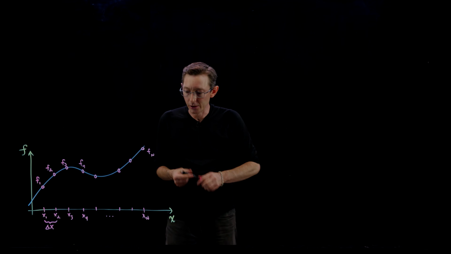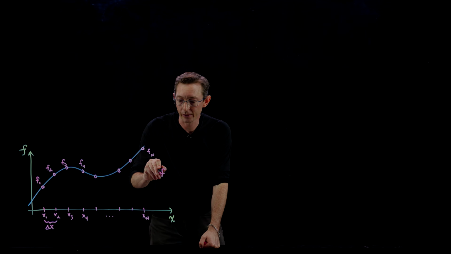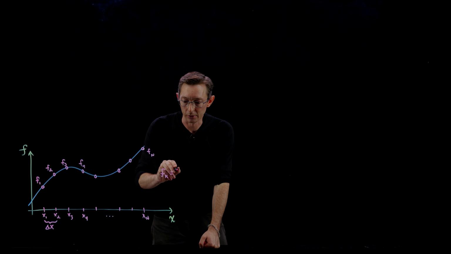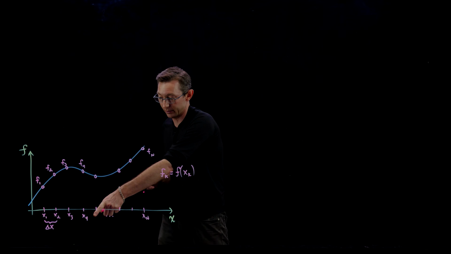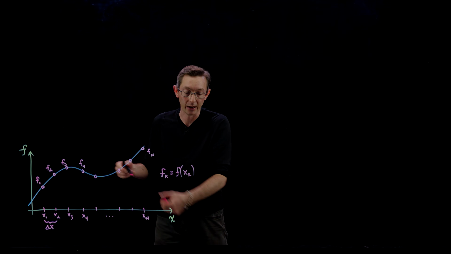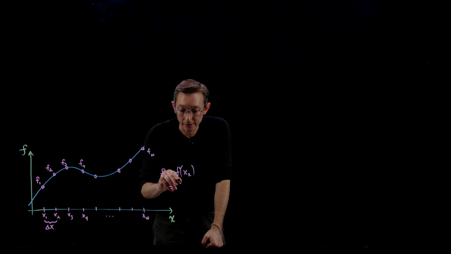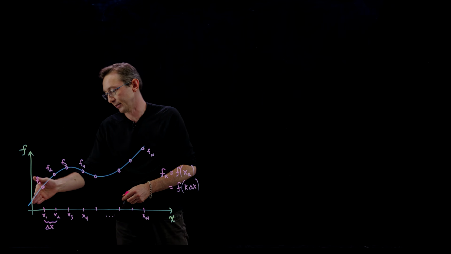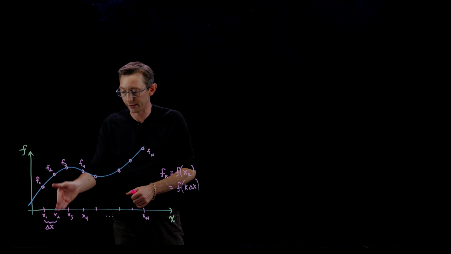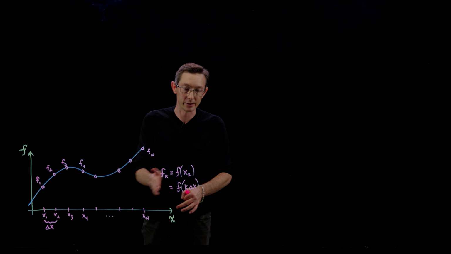And if you like, you can say fk is equal to my function f evaluated at xk, at the kth location, k equals 4, k equals 5, and so on, which is equal, in this case, to f of k delta x. I'm assuming that this starts at 0, and this is delta x, 2 delta x, 3 delta x, 4 delta x, and so on and so forth.